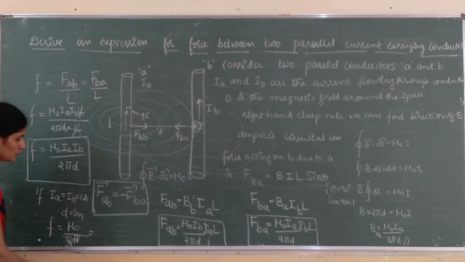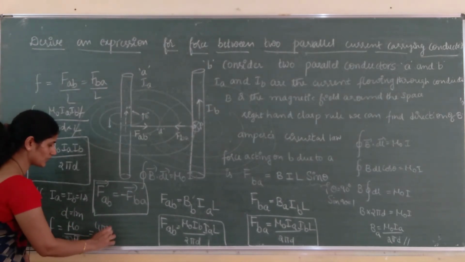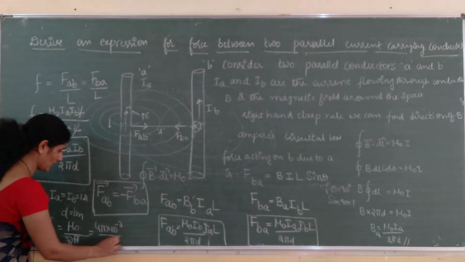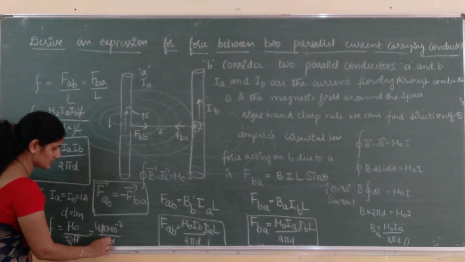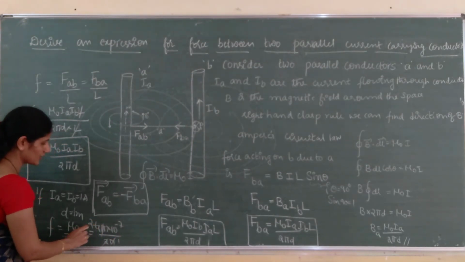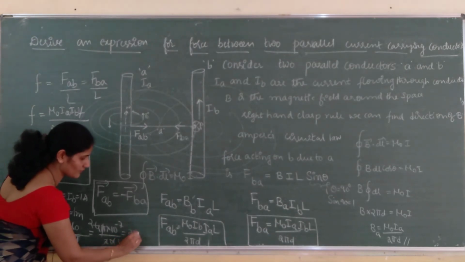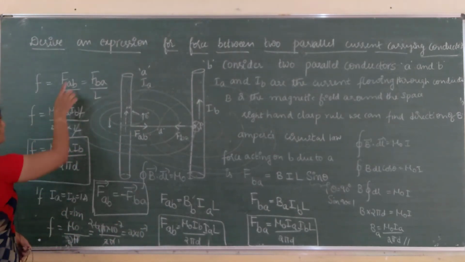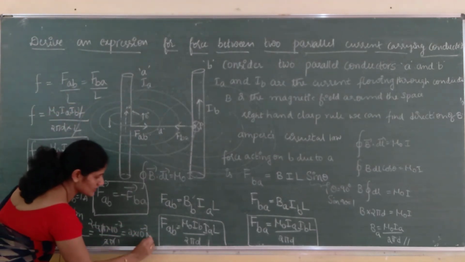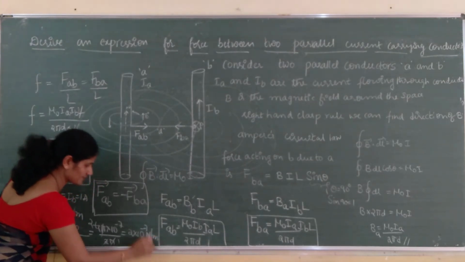So, mu naught is 4 pi into 10 to the power minus 7 divided by 2 pi. Pi cancels, 2 ones are 2, 2 twos are 2 into 10 to the power minus 7. The unit of force per unit length is Newton per meter.